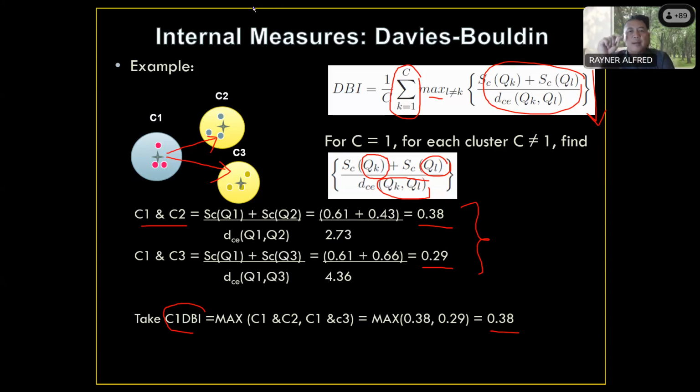So now we already have the worst scenario if we start from cluster 1. Now we shift to the next.